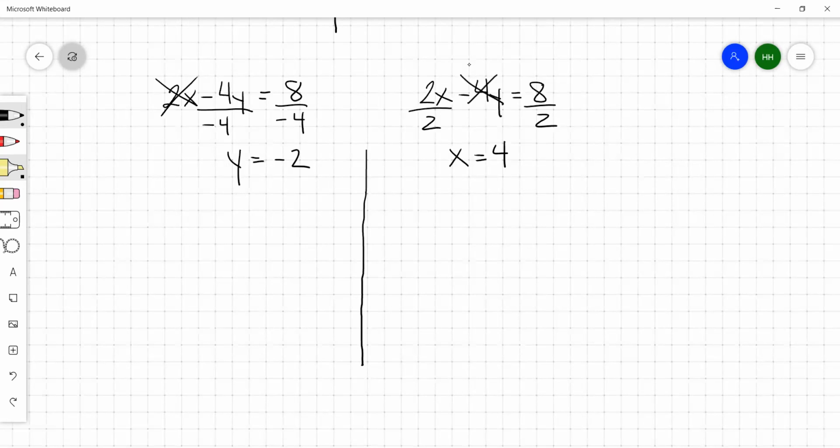Y-axis, x-axis. We are going to 4 on the... I don't know why I did that. Four on the x-axis, 1, 2, 3, 4, right here. -2 on the y-axis.